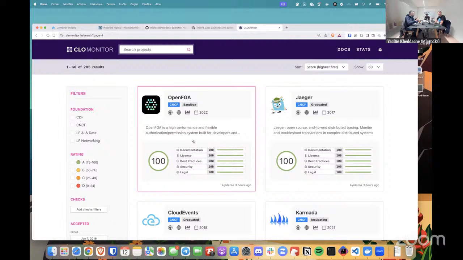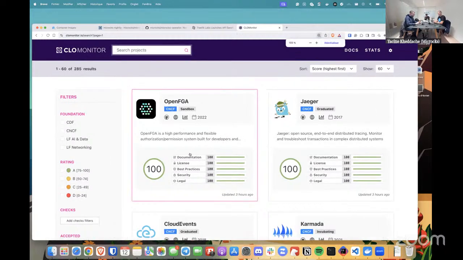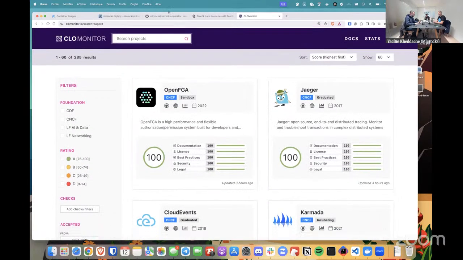So CLOMonitor is not really attached to the outcome and the artifacts we are providing, but much more on the way you are doing it. Basically, it is checking open source best practices among the projects. So on documentation, on license management, security, there is a part around security, and best practices on how you manage the community.